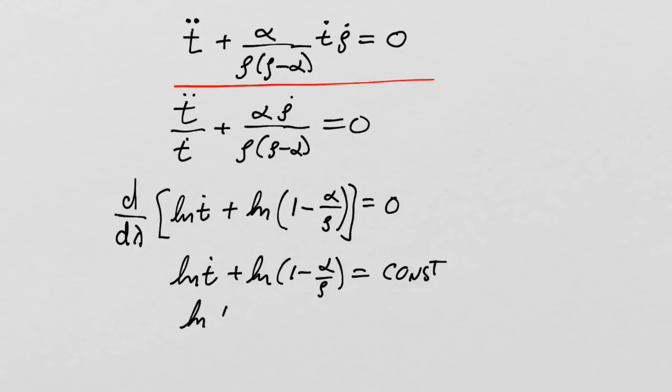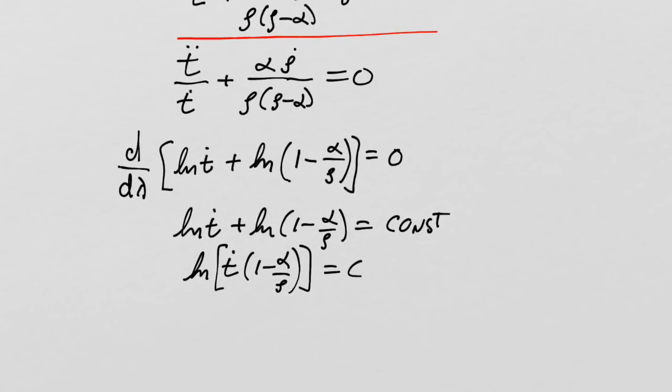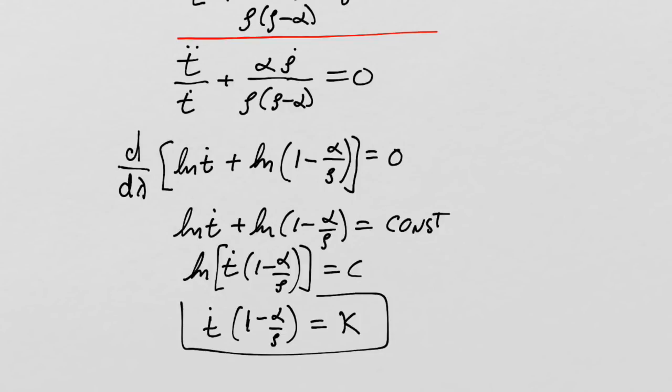The log of t dot times 1 minus alpha over rho, that log equals a constant, and then we end up with the time derivative of t times 1 minus alpha over rho equals a constant, and we'll call that constant kappa. These are the same symbols I use in the book, Why Does It Move? So this is another constant of the motion.